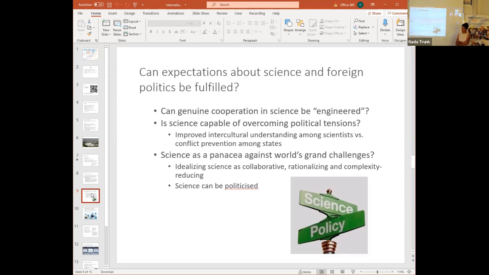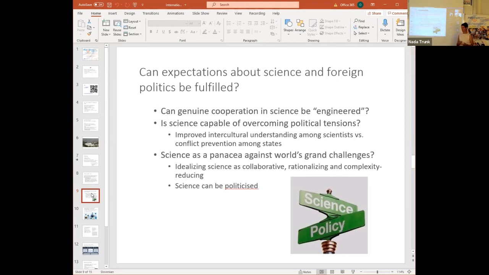And of course, with the world's grand challenges, politics is often implicated there, apart from the fact that these are really complex challenges that we're facing, from demography to all kinds of pollution, climate change, of course, changes of supply chains and so on.